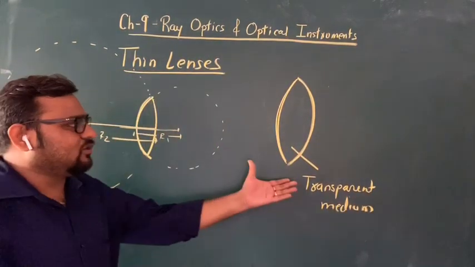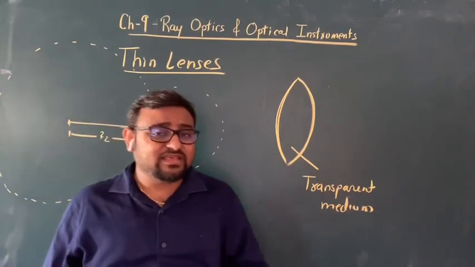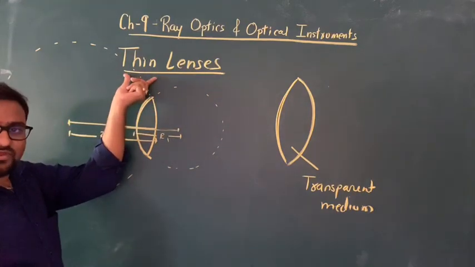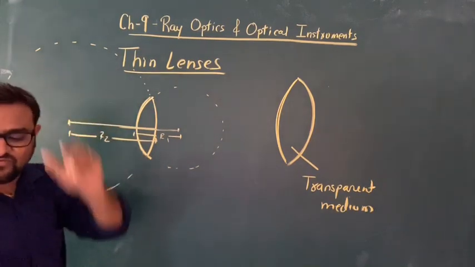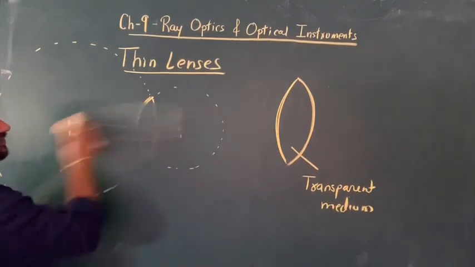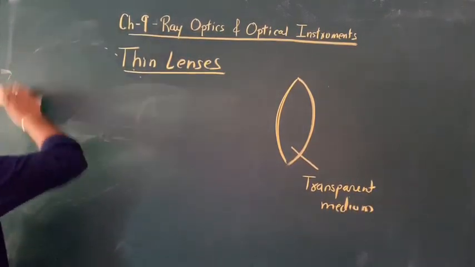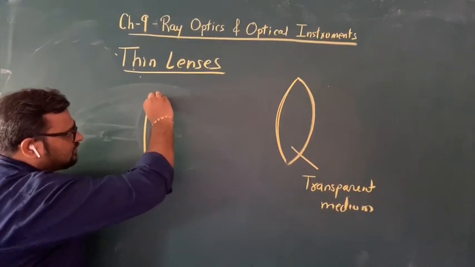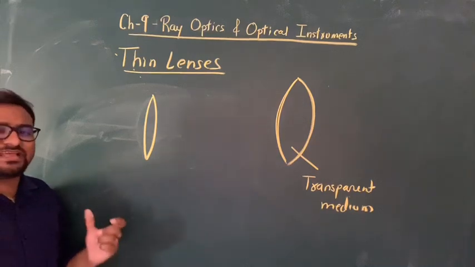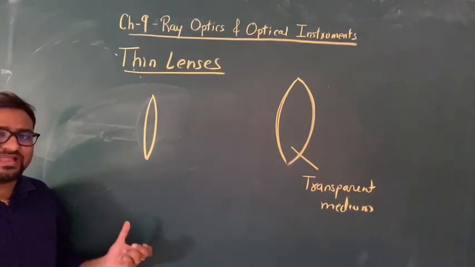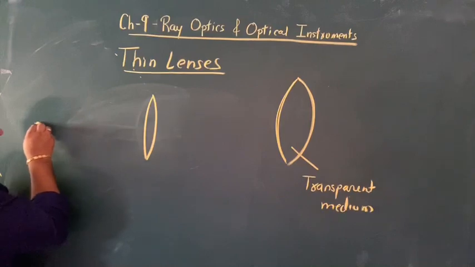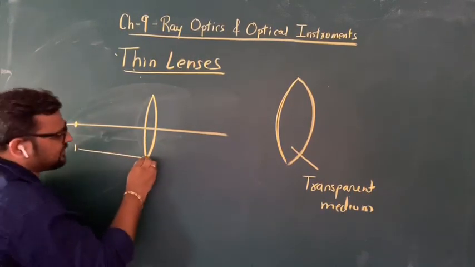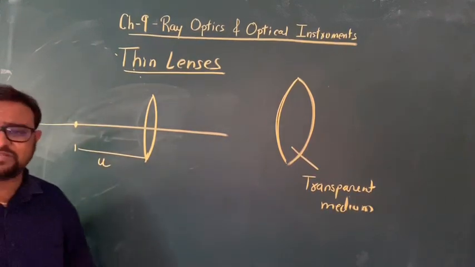Now, thin lens. We have studied about lens. Now, what is a thin lens? The word thin will give us the definition. This lens can be considered a thin lens if you are keeping an object here, then this will be the object distance.